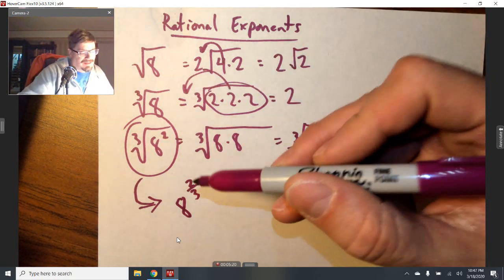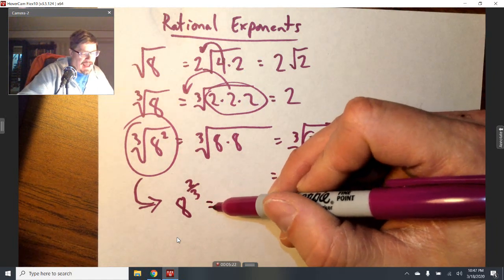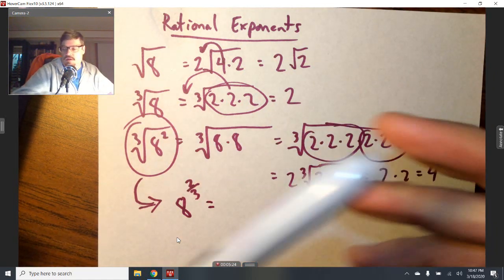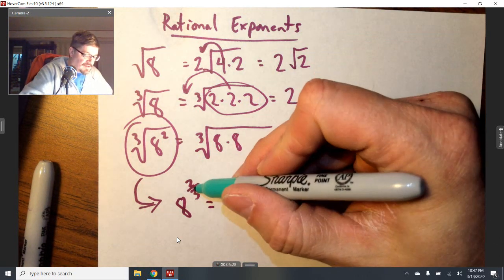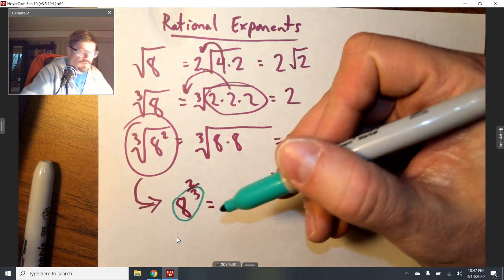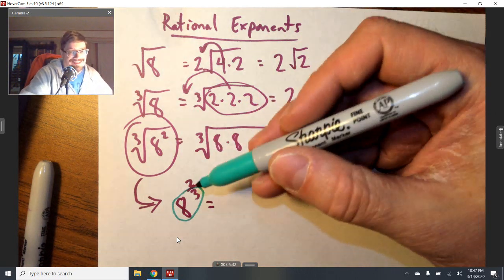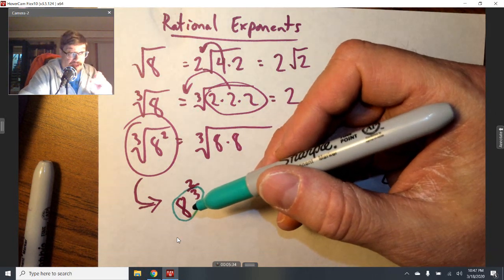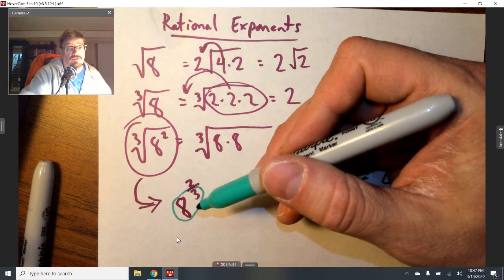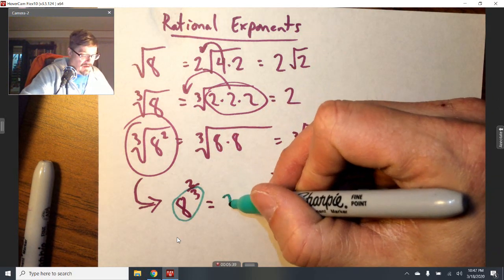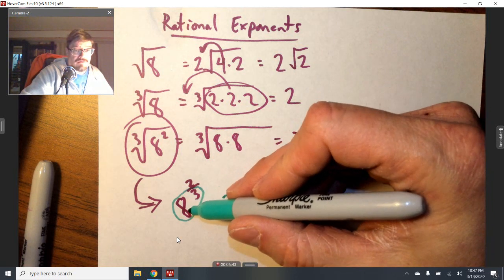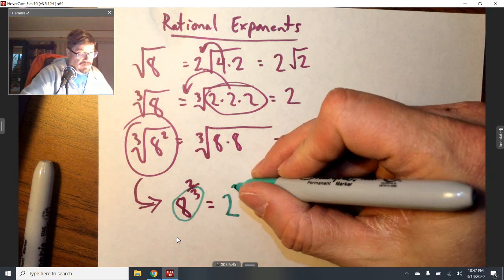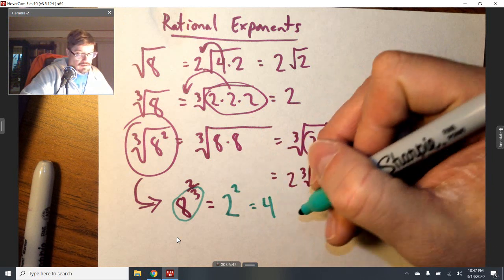So what this means is that I can always first focus on taking that third root: what triple, identical factor, is inside 8, which is 2. So now I have a 2. I took the third root of 8. Now I'm going to square it, and that's 4.